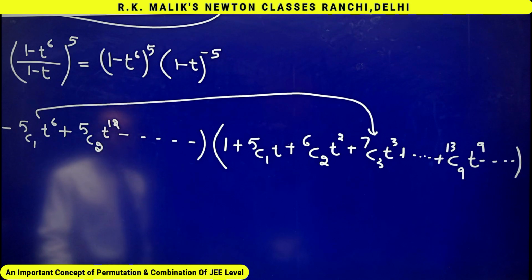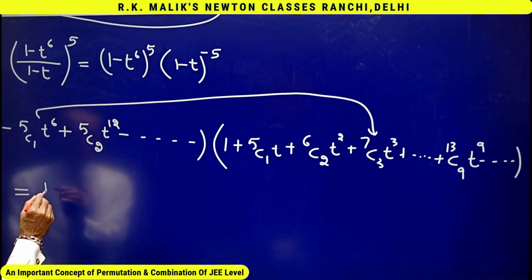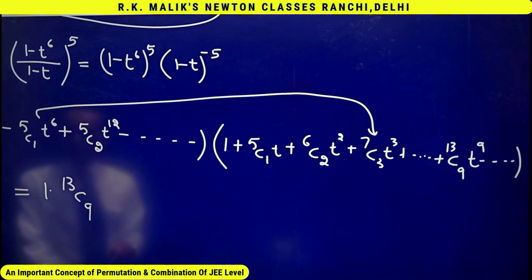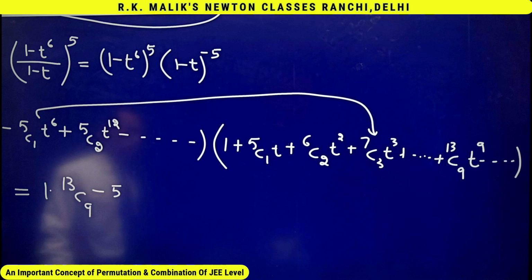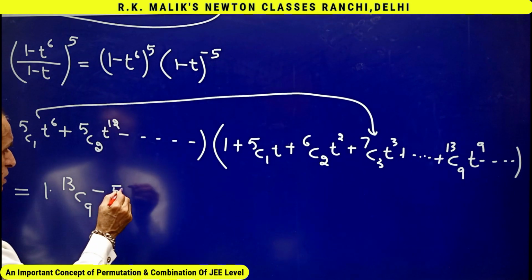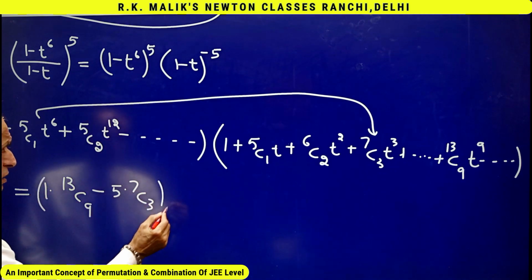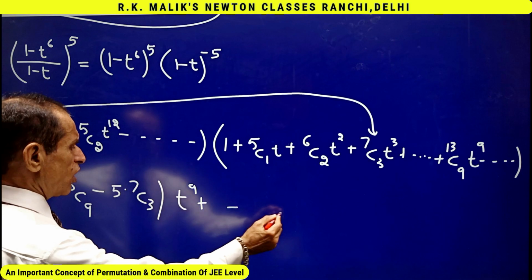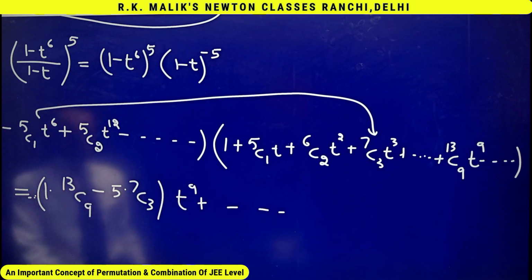Therefore, the coefficient of t to the power 9, you can see very easily, will be equal to 1 into 13c9 minus 5 into 7c3, and outside will be t to the power 9, and all other terms before and after this are useless.